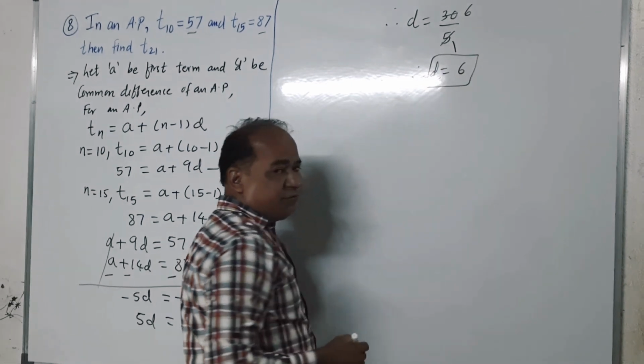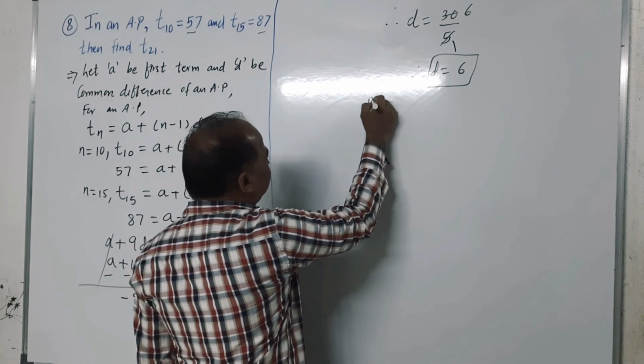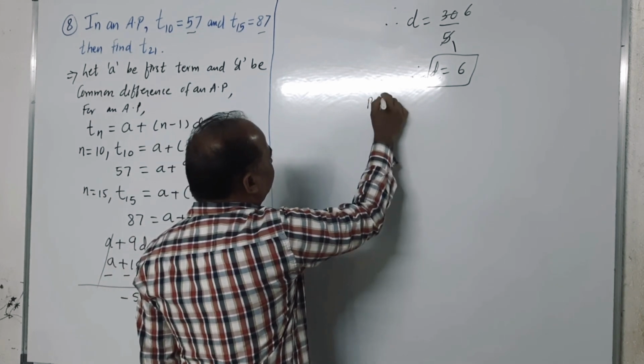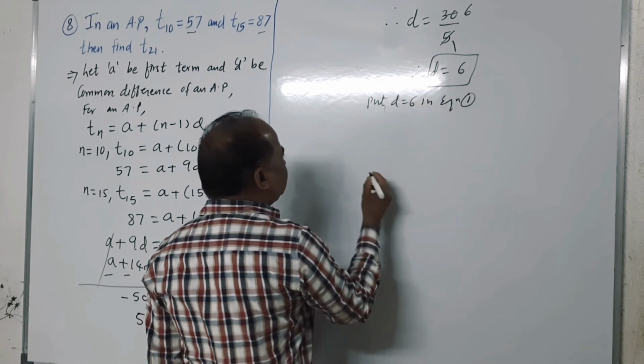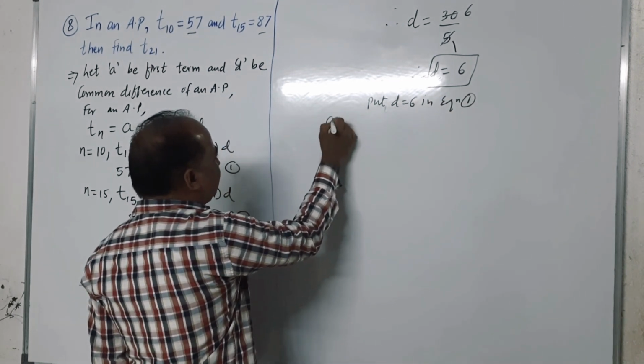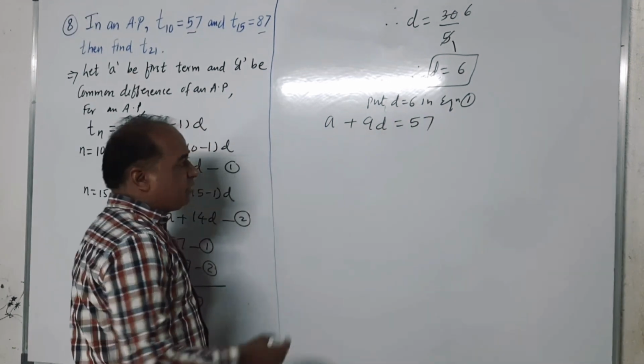Now put this value of d in equation number 1. Put d equal to 6 in equation 1: a plus 9d is equal to 57.